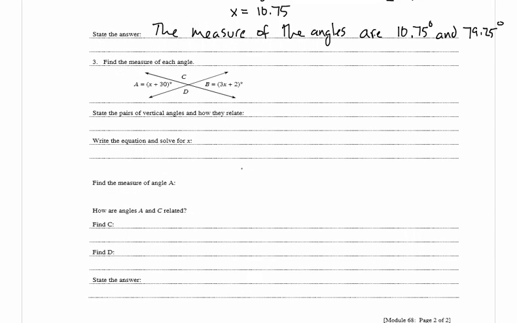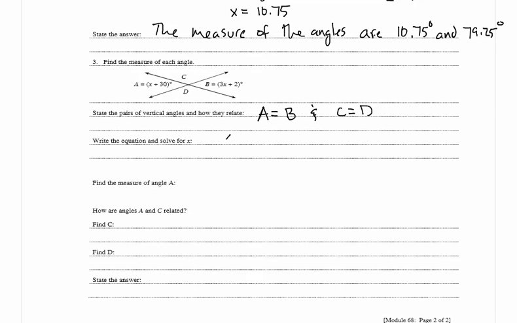And here we have two sets of vertical angles. C and D are vertical angles, and A and B are vertical angles. It says state the pairs of vertical angles and how they relate. So we could say that A is equal to B, the one set of vertical angles we talked about, and C is equal to D. And now they want us to write the equation and solve for x.